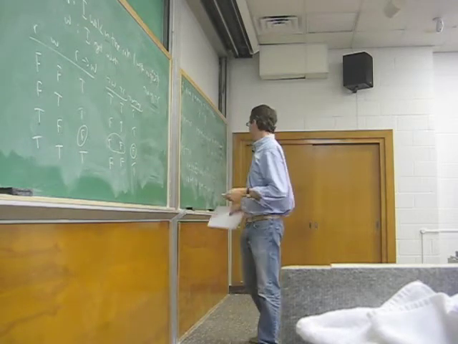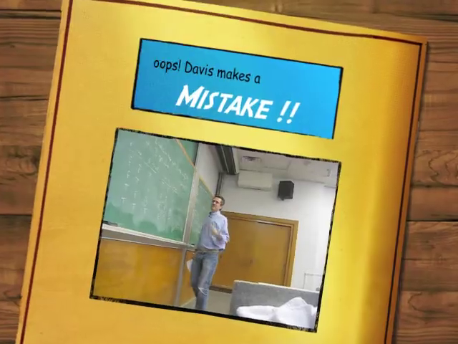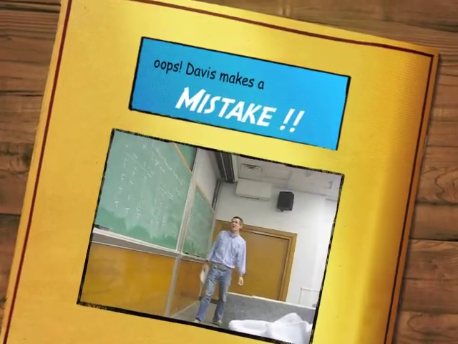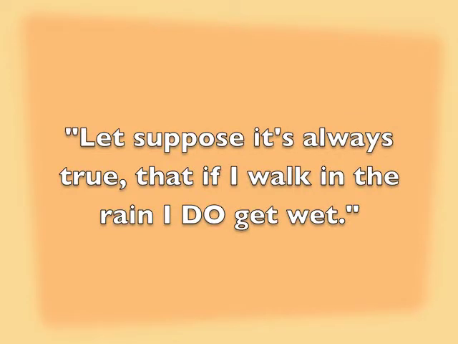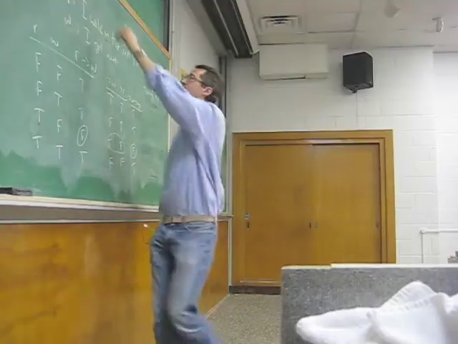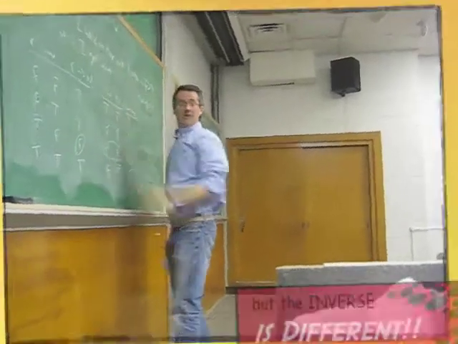But the inverse, like this one, let's suppose it's always true that if I walk in the rain I get wet. Well then is it true that if I don't walk in the rain I don't get wet?